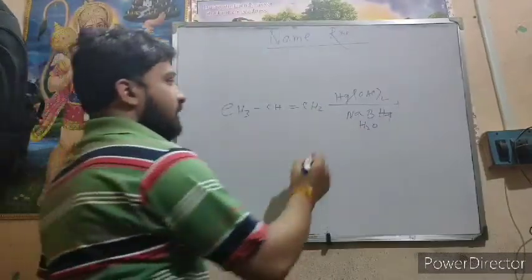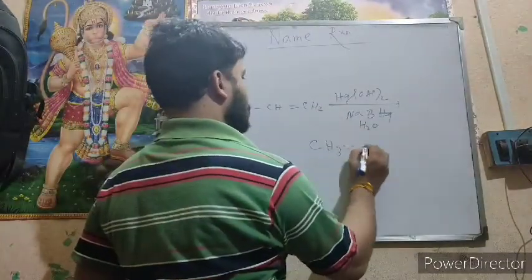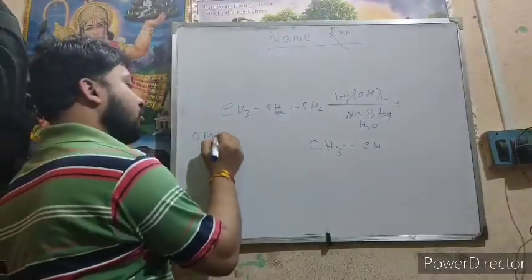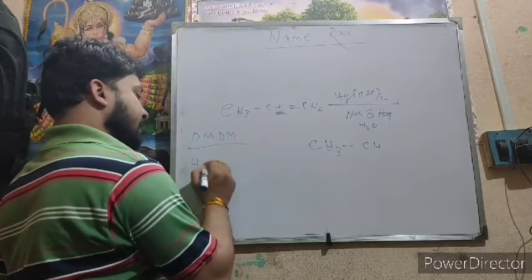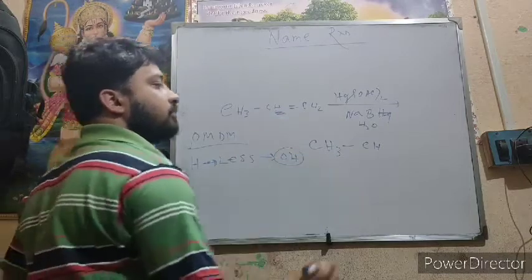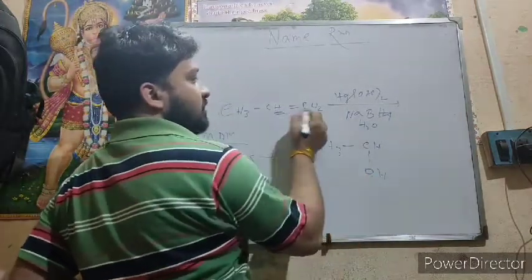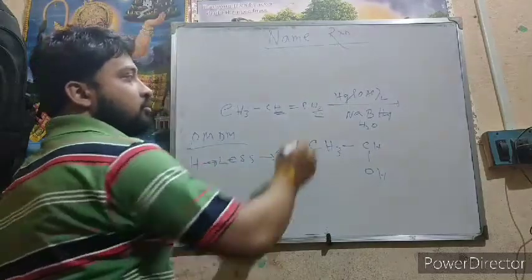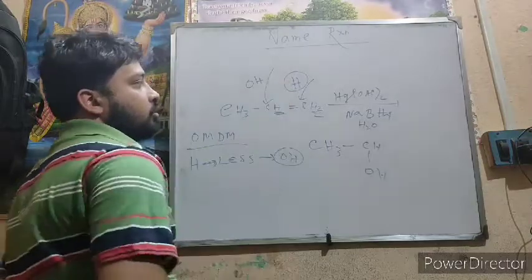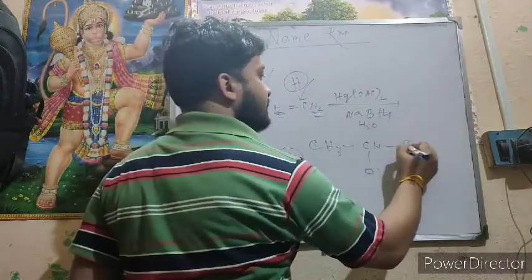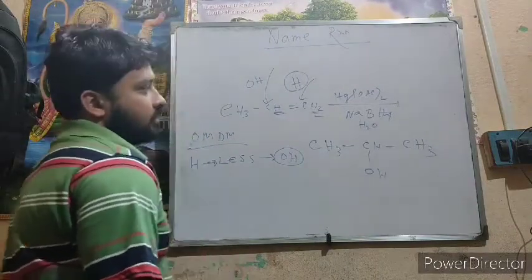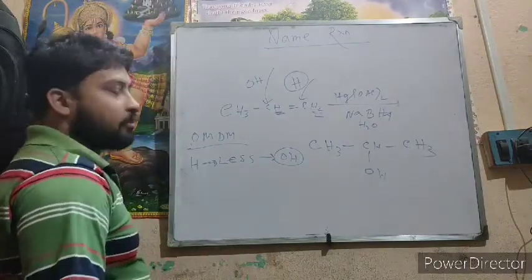What will be the product? Less hydrogen is negative, more hydrogen is positive here, so you add the H here and you add the OH here. So the product is CH3 CH(OH) CH3, a 2 degree alcohol. This process is called the oxymercuration demercuration process.